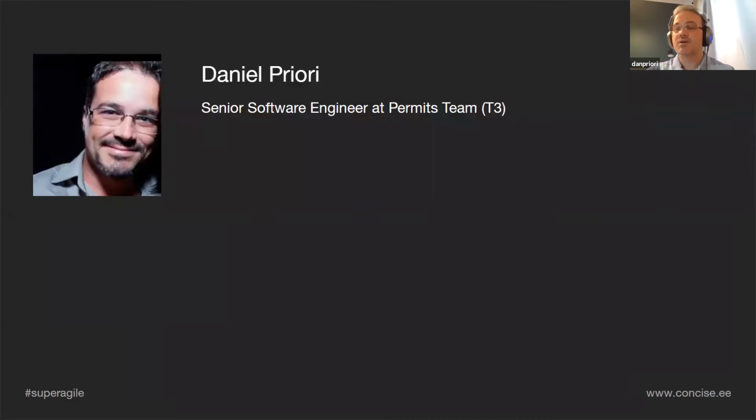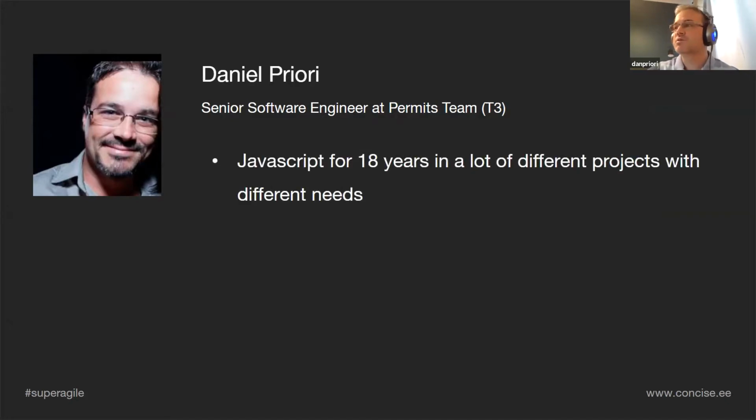First, I will just introduce myself if somebody doesn't know me. I'm Daniel. I'm an engineer in the Pyramids team, D3. I have been working in JavaScript for 18 years in a lot of different projects with different needs.